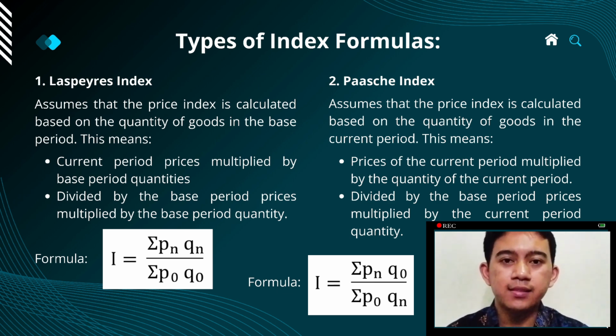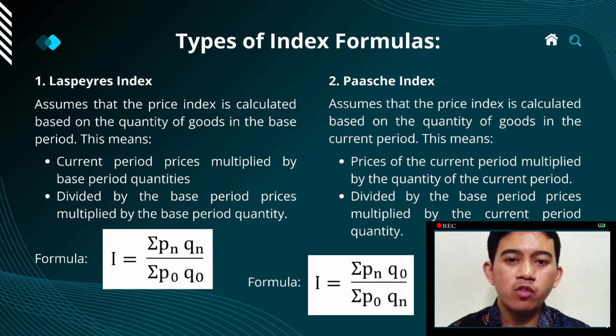Unlike Laspeyres, the Paasche index assumes that the quantity used is the quantity in the current period. This means that in calculating the price index, the price in the current period is multiplied by the quantity of the current period and then compared with the price of the base period, which is also multiplied by the quantity of the current period.